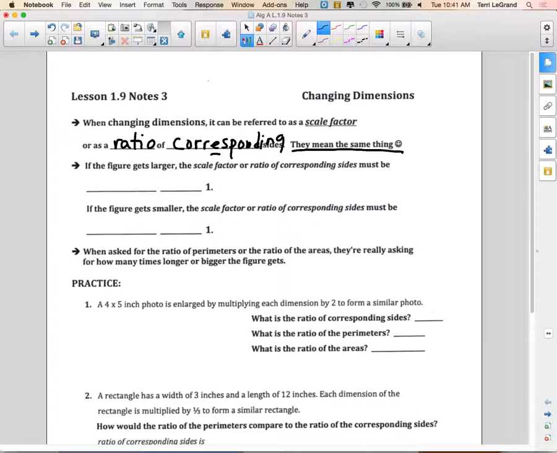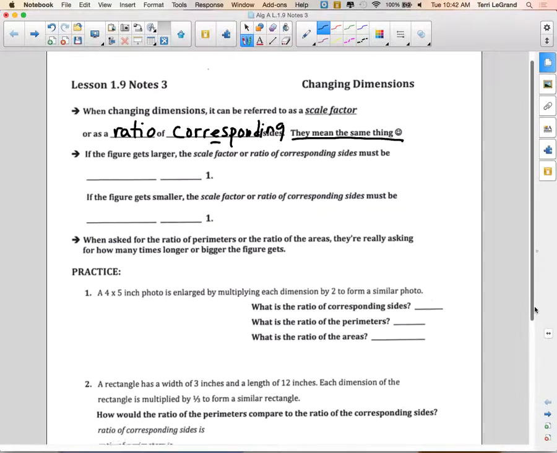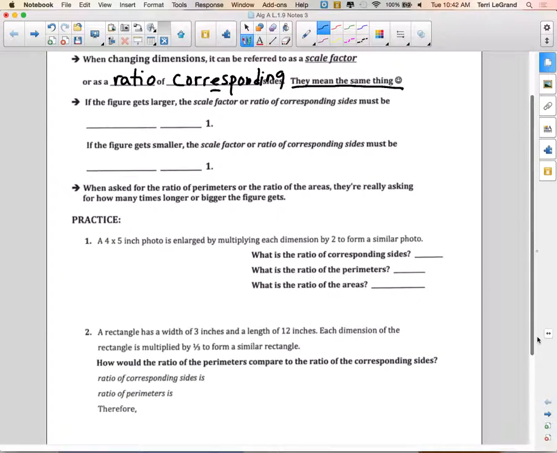Okay? So if the figure gets larger, we've been talking about this a lot, if the figure gets larger, the scale factor, or what I just said, we could also call that the ratio of corresponding sides, must be, how is it related to 1? Is it less than 1 or greater than 1? If the figure gets larger, is our scale factor greater than 1?